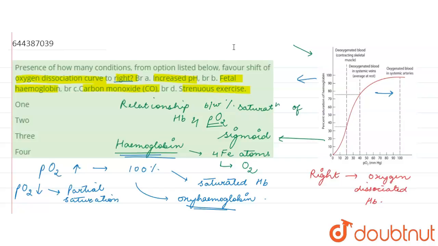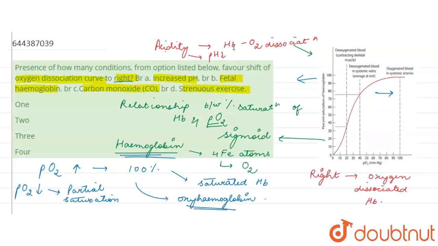Alright, so let's see the first one. First says increased pH. Acidity affects hemoglobin and oxygen dissociation. The greater the acidity means the lesser the pH.